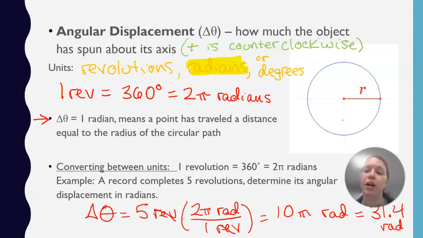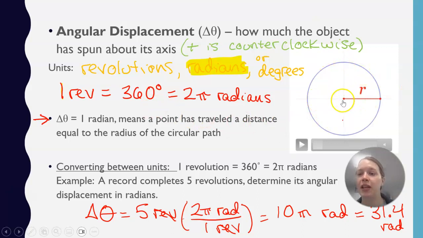But the base unit that we're interested in is a radian, which technically isn't a unit, which is kind of strange, but I like to write it because it's going to help us do some analysis that will solve problems.